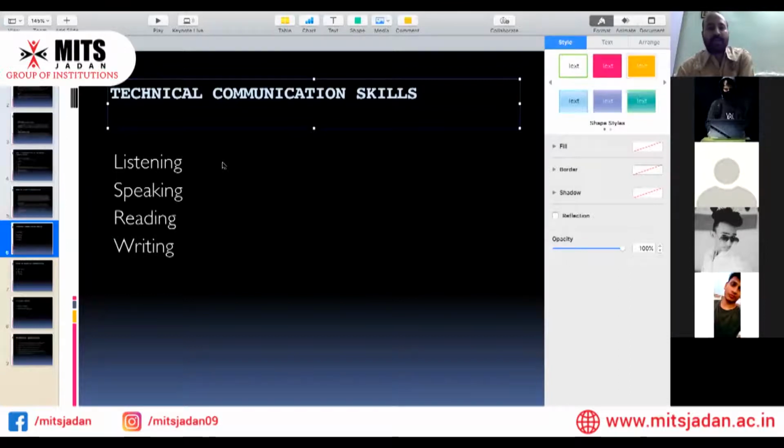So, in our understanding language, these four skills in this slide can be considered the token to success, for 100% feedback and 100% communication. So listening is very important.